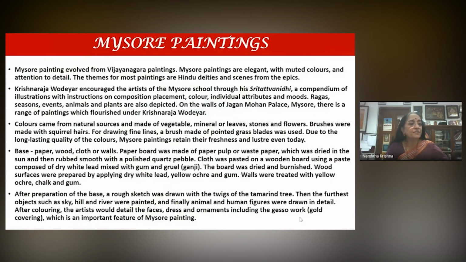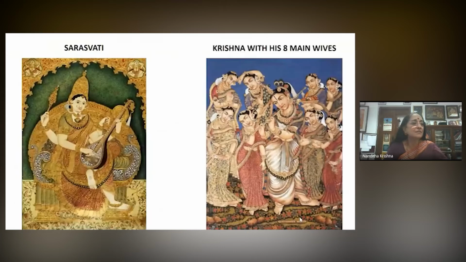Now, a related period of painting is the Mysore painting, which also evolved from Vijayanagara. They're very elegant, but done the same way with gesso work and gold, muted colors and attention to details. Again, the themes are mostly Hindu deities and scenes from the epics.